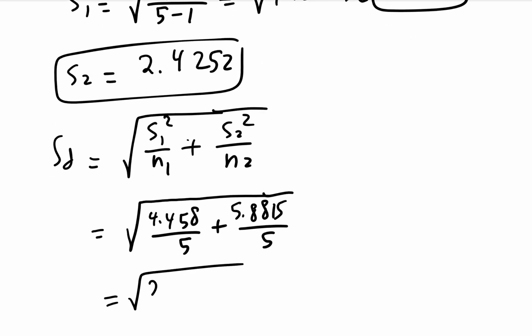Under the radical, we get 2.067919, which is about 1.438.